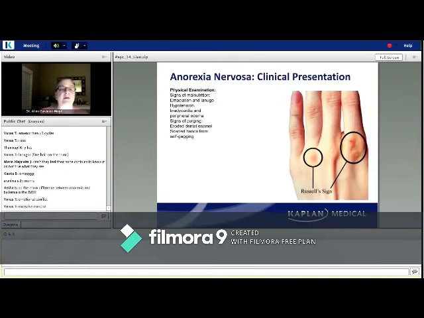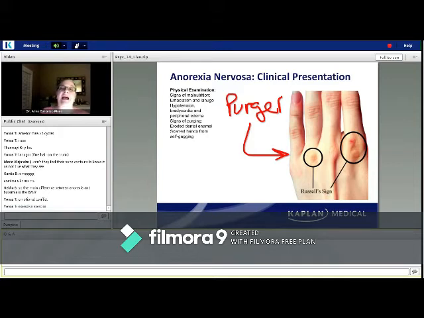So let's move on. One thing that you can find if you are a purger, then you will see what's called the Russell signs, which are basically calluses or abrasions on the backside of the hands from putting your hands or fingers inside your mouth, rubbing against the teeth.